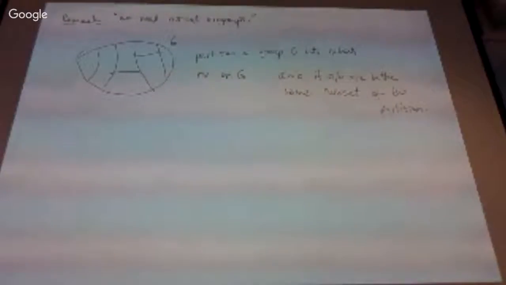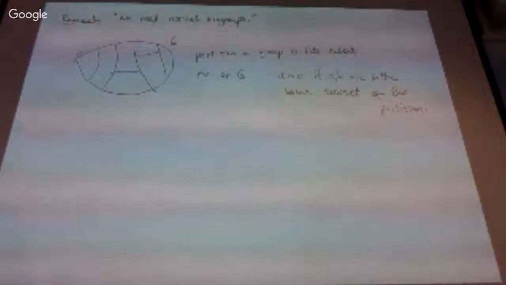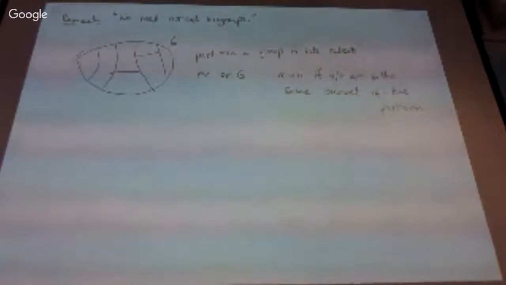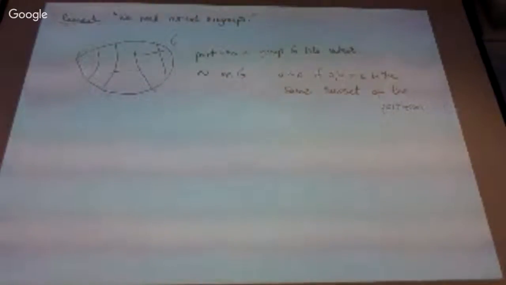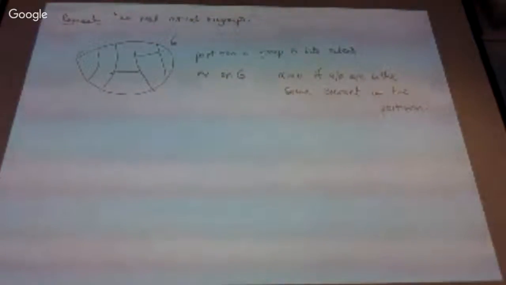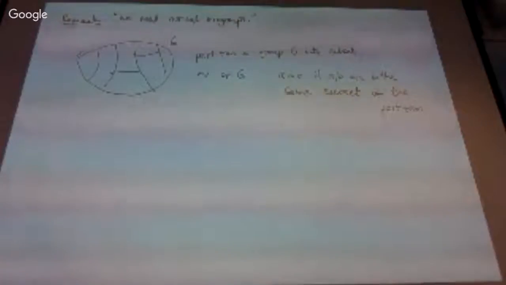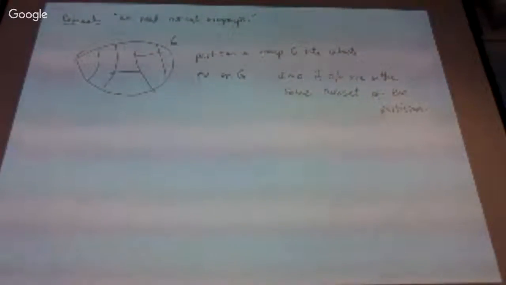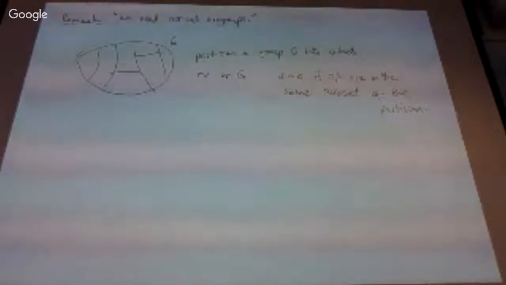So one way we were partitioning the group into subsets was into cosets of a subgroup. But now we're not even assuming that there is a subgroup or anything. We're just assuming a partition.